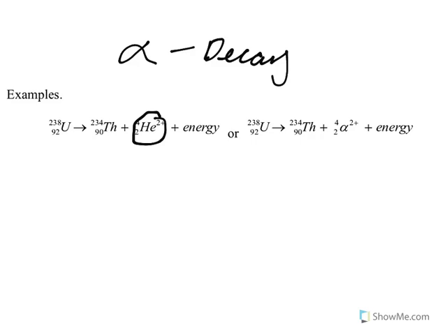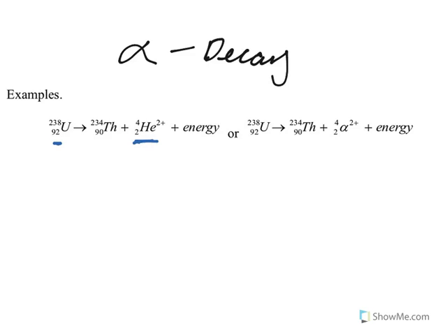In both cases, these two things are two different ways of representing what's going on. So let's get rid of those drawings. It becomes a different atom. So uranium decays and becomes our alpha.